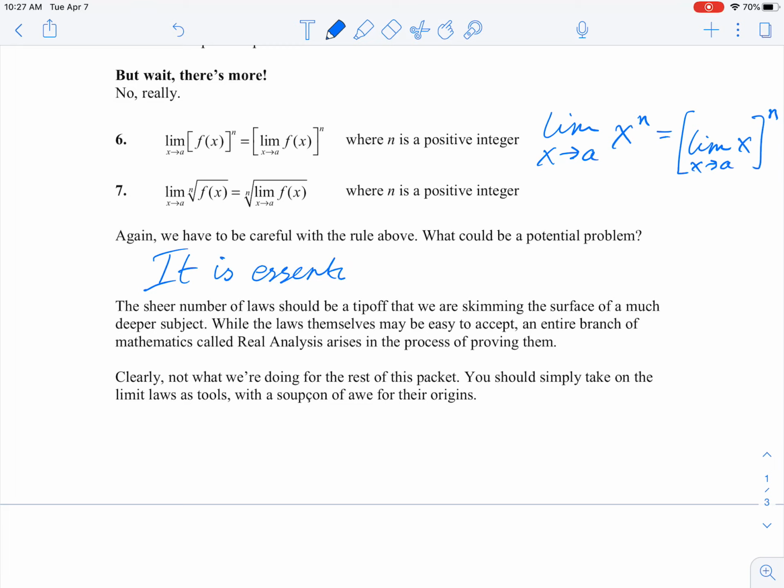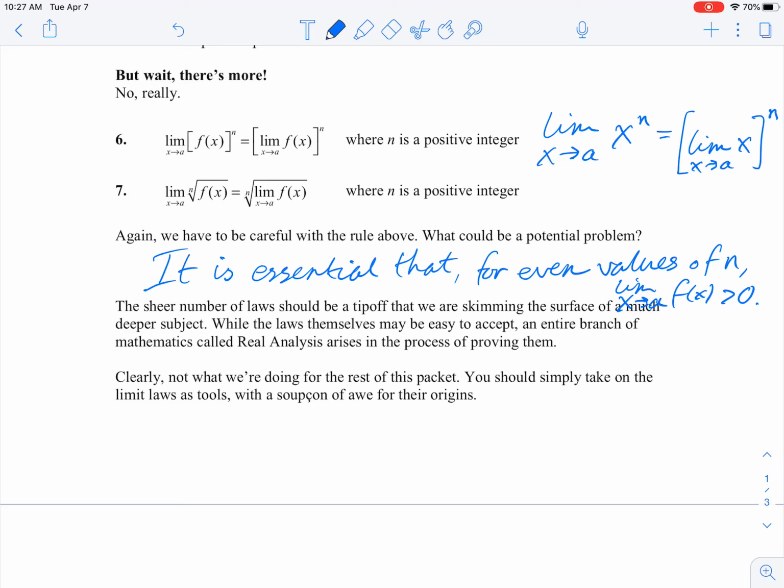It is essential that for even values of n, the limit as x approaches a of f of x be greater than 0.